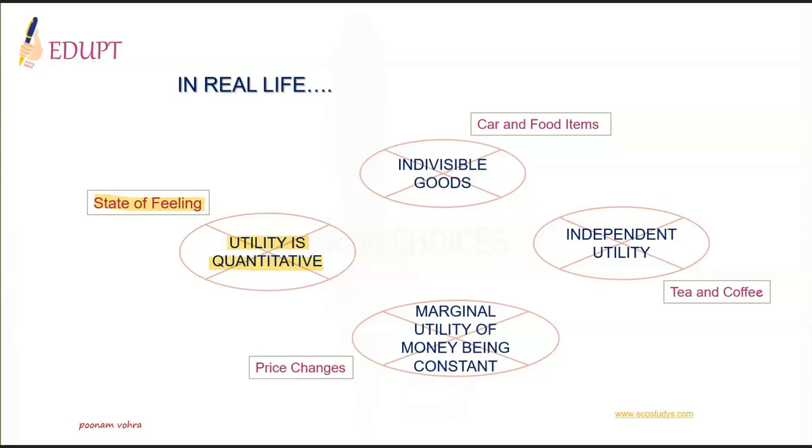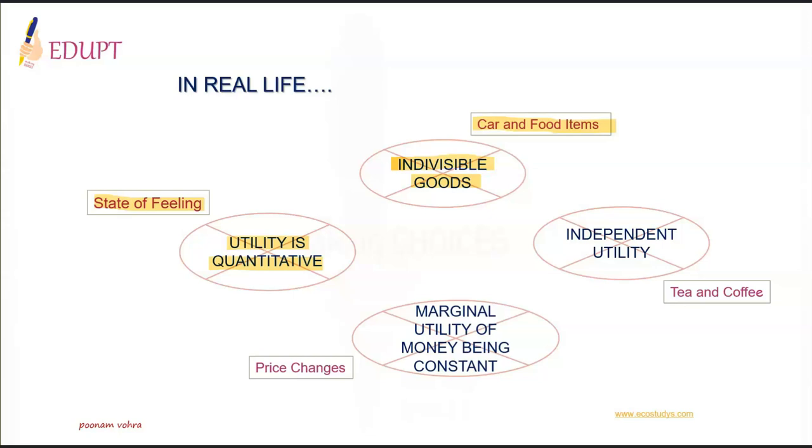Secondly, there are certain goods which are indivisible and it is not possible to equate marginal utility of money spent on them. For example, allocating money between purchase of a car and food items. Marginal utility of the last rupee spent on these two goods cannot be equated.